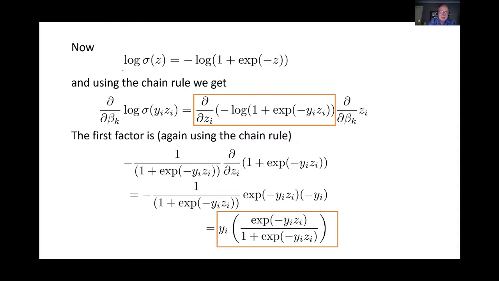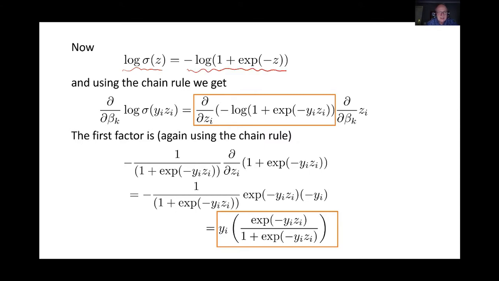They are of this form: log of sigma of z. Sigma of z was 1 divided by 1 plus exp of minus z. Log of 1 over something is minus the log of the denominator, so it's minus the log of this.